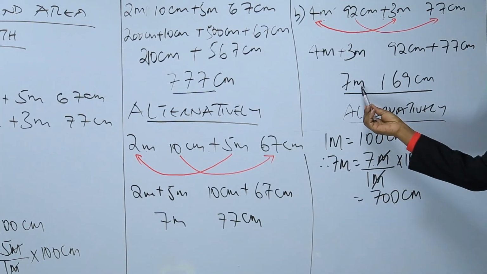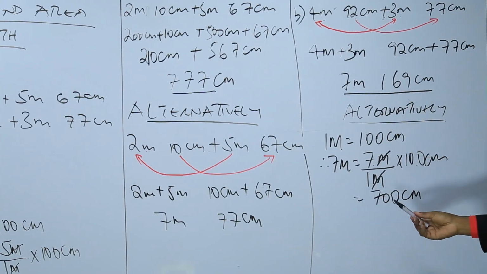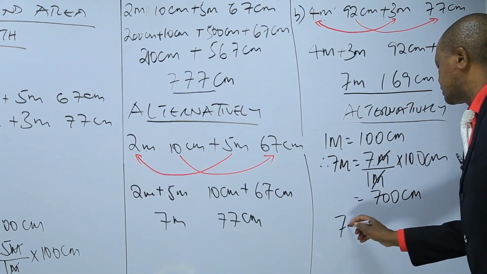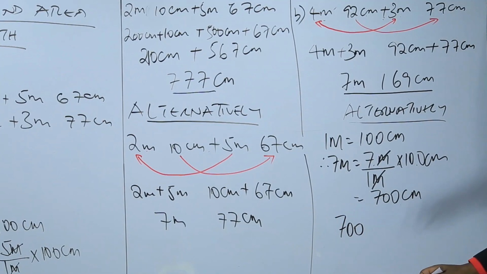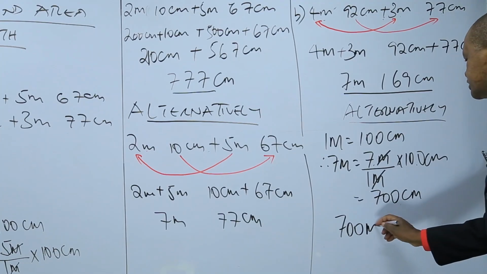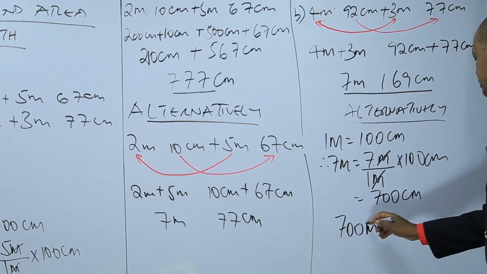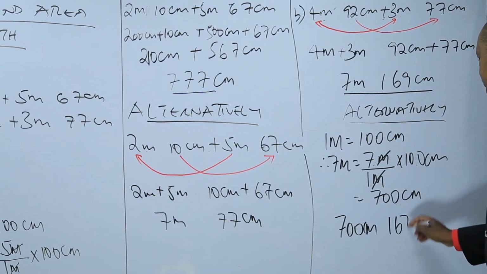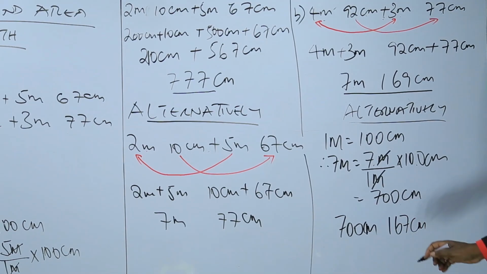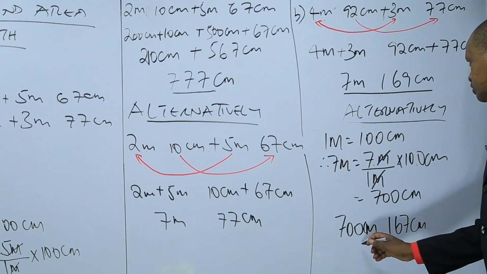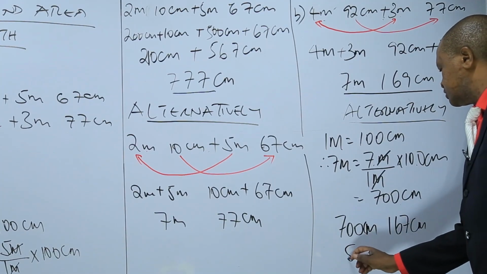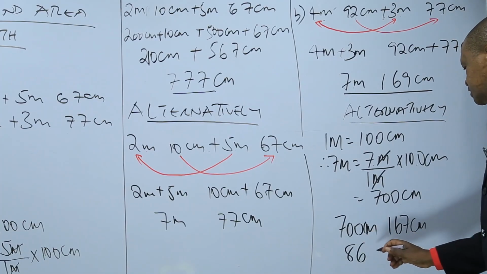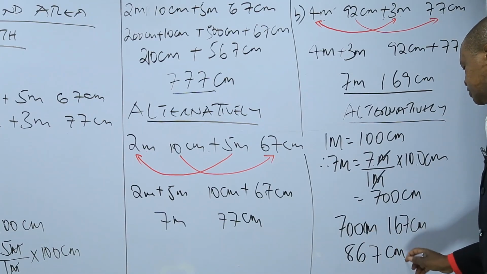So we have converted the meters into centimeters. Therefore, the answer will be 700 centimeters plus 169 centimeters, which will be equal to 869 centimeters.